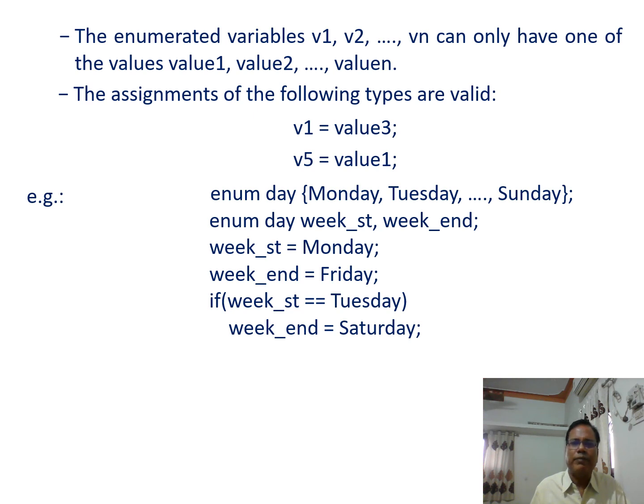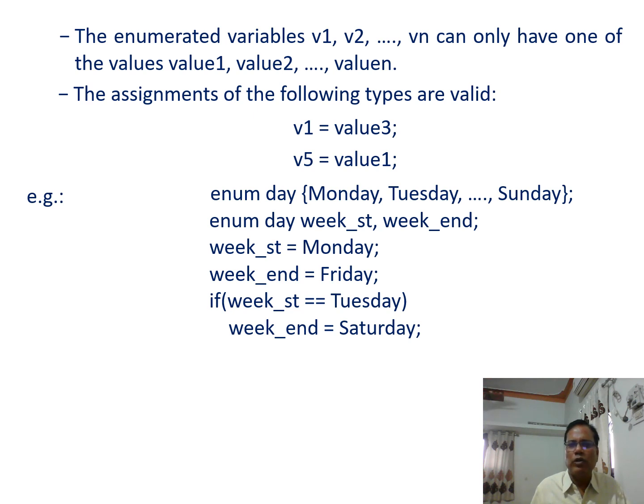the enumerated data type day is declared using the enum keyword, and it has constants enclosed in open and close braces, from Monday to Sunday.